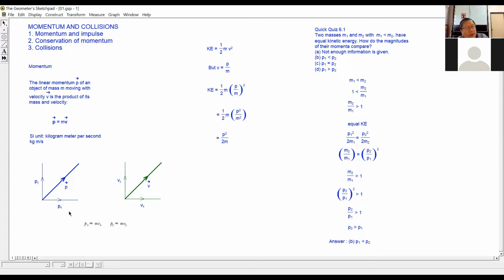The horizontal component called px and the vertical component called py, where px is m times vx. So that means the mass times the horizontal component of the velocity is the horizontal component of the momentum. py equals m times vy. So that means the vertical component of the momentum is actually the mass multiplied with the vertical component of the velocity.